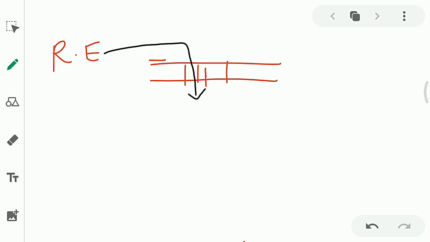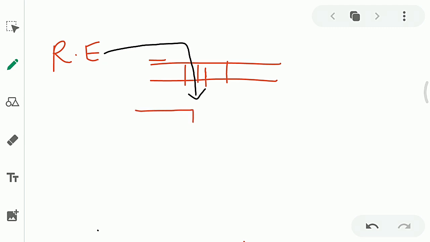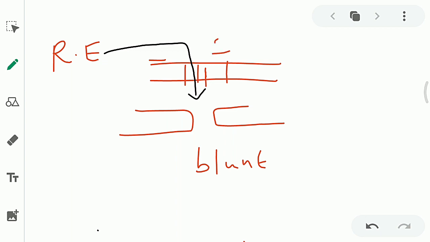When they cut in a straight cut, it forms two ends, and these two ends are known as blunt ends. And this cut is known as a straight cut. A straight cut always forms blunt ends.